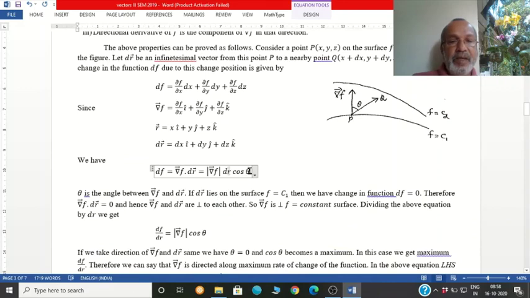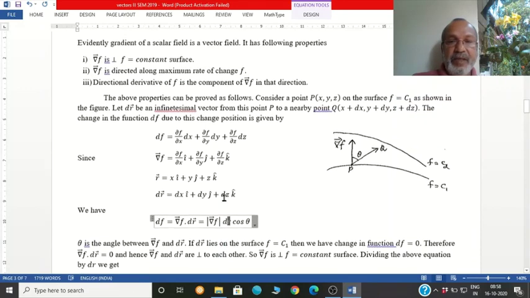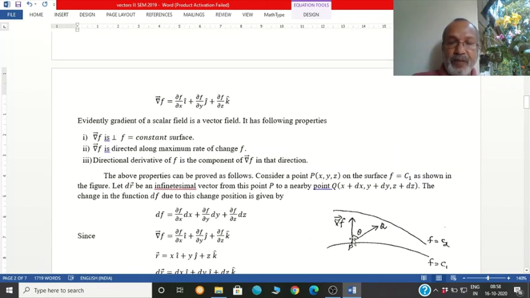Here theta is the angle between del f and dr, and that is shown here. This I have drawn as del f, and this is our dr, which is equal to PQ. So this is dr, this is del f, and this is the angle between del f and dr. dr is actually the vector PQ.